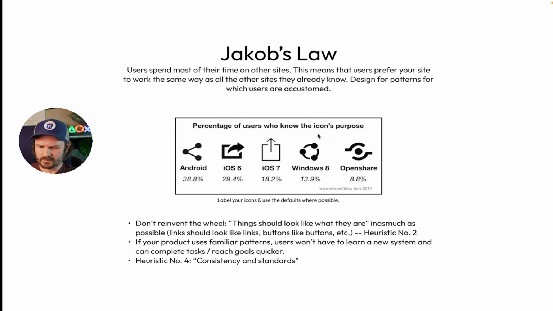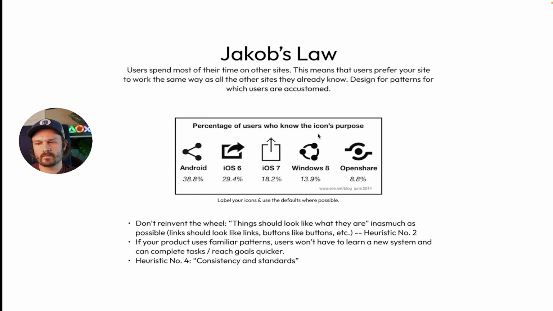And so the point of using this visual representation is, I'll give you some context for when Jacob's Law could be applied. Let's say that you're part of a team, and that team is designing an app for Android or for iOS.